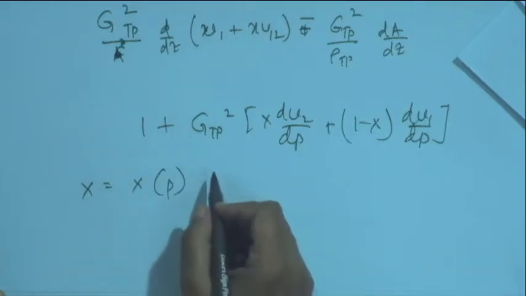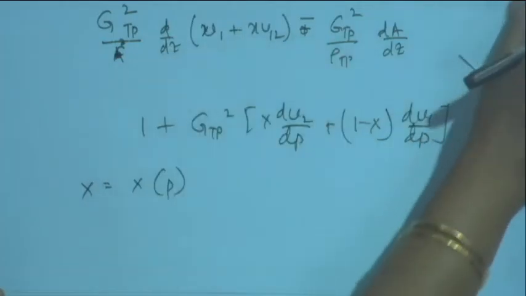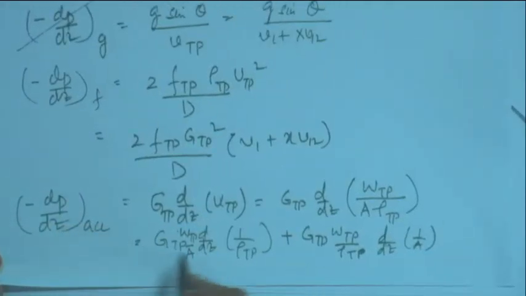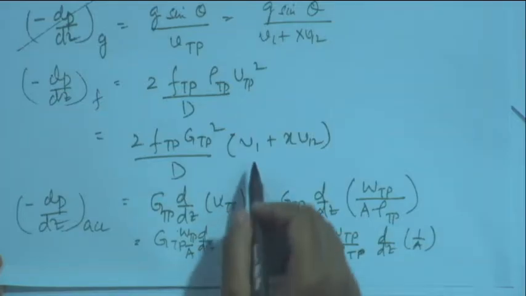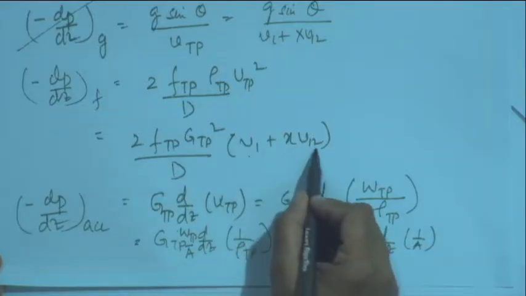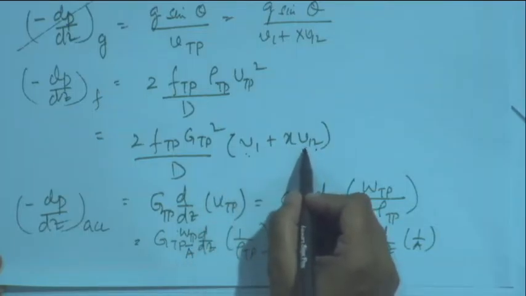So, therefore, in this particular case, when I was talking about finding out the acceleration pressure gradient, this rho Tp, which is nothing but V1 plus x V12, and in this particular case we had assumed that V2 is a function of your pressure, and that is why it is changing with z.